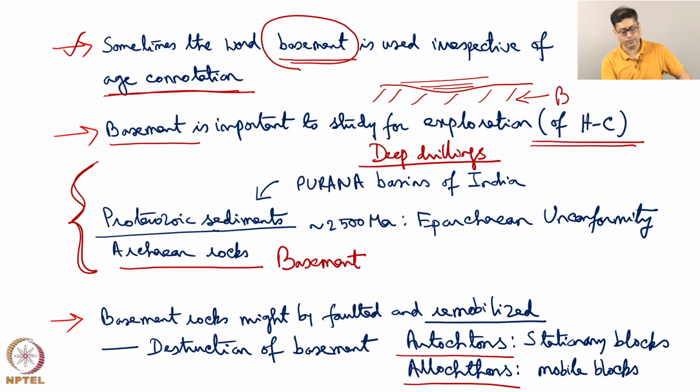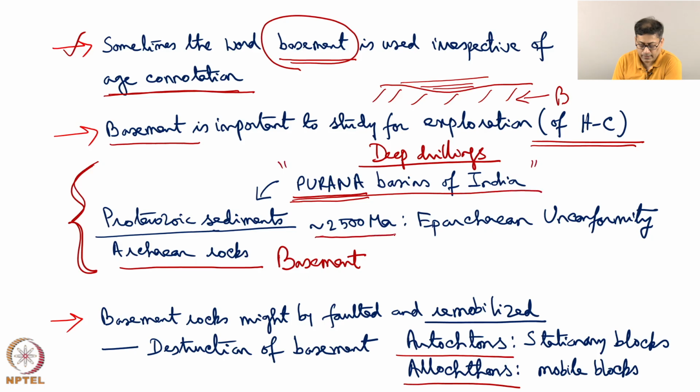In many places in the world this can be seen, and this has also happened in Indian territory. These Proterozoic sediments are called the Purana sediments. The rocks can be called the Purana rocks, and where they are deposited are called the Purana basins in India. The Archean Proterozoic timing is around 2500 million years.